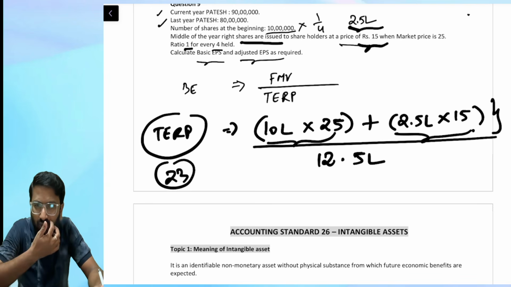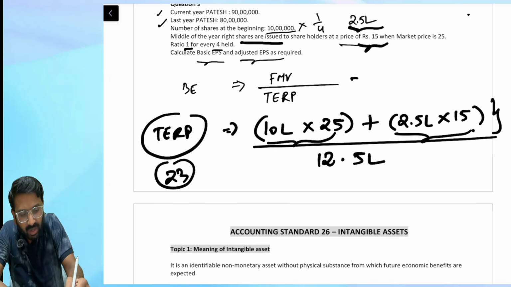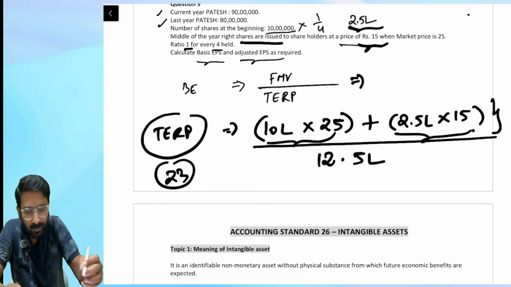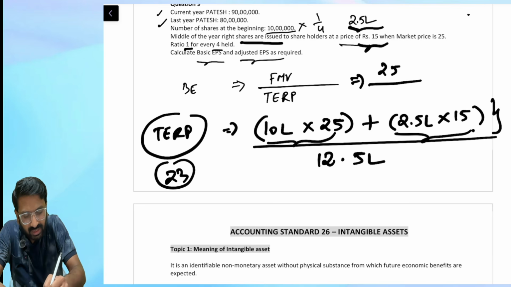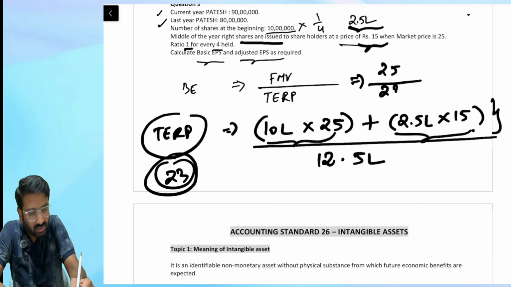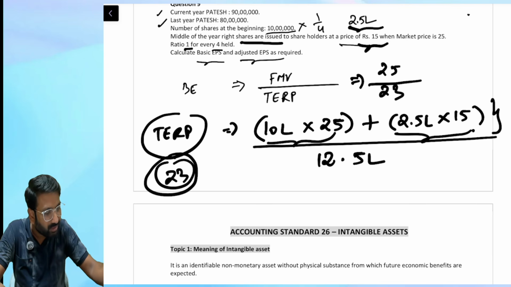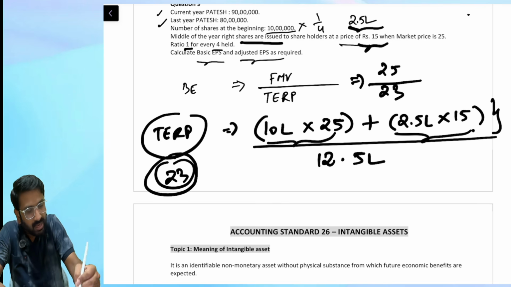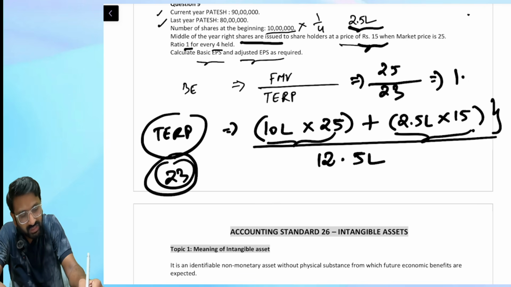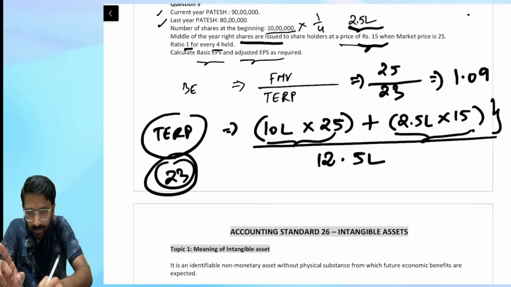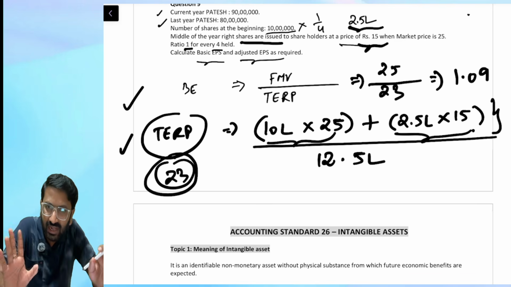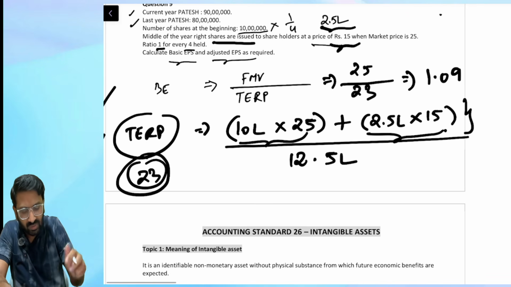Now you find out the bonus element. So how do you find that? Fair market value divided by TERP. What is the fair market value of one share? 25, divided by theoretical ex-right price, 23. So can I say bonus element will be 25 by 23, 1.09 approximately. Is that clear? So first you find out TERP, then you find out the bonus element. Is that clear?